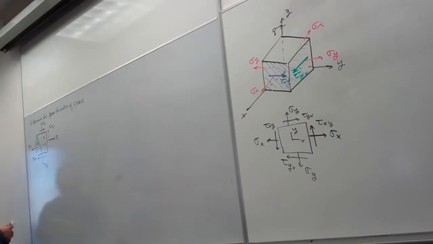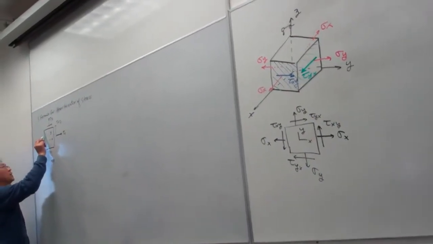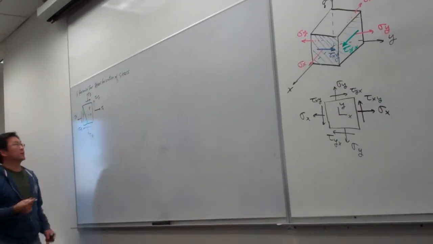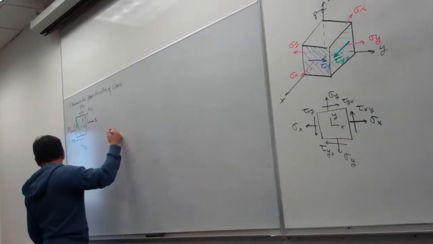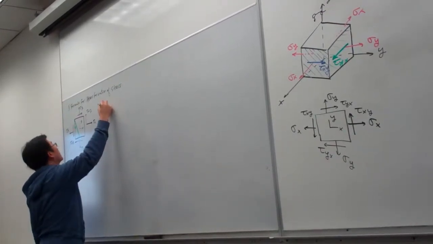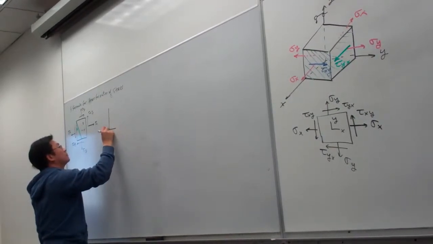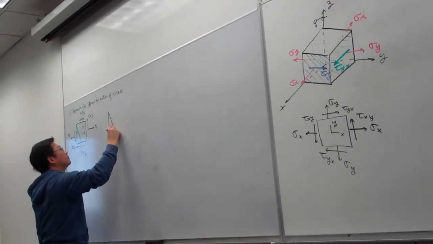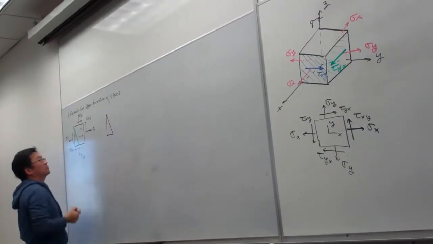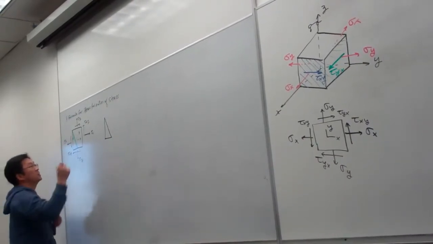Let me right now take the free body diagram of this triangular component. So on that triangular component I have this. Okay, so on this one here, our stress is here.